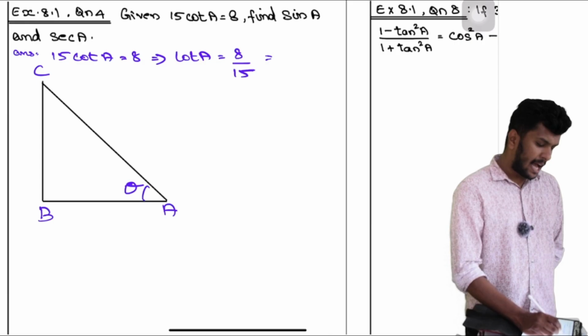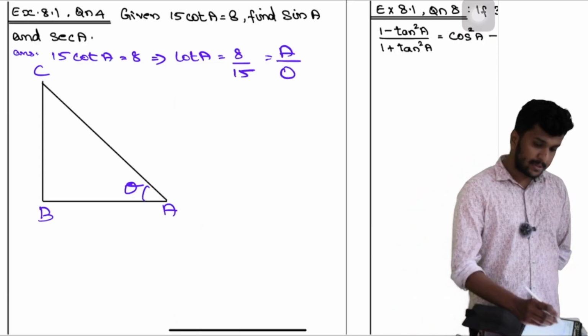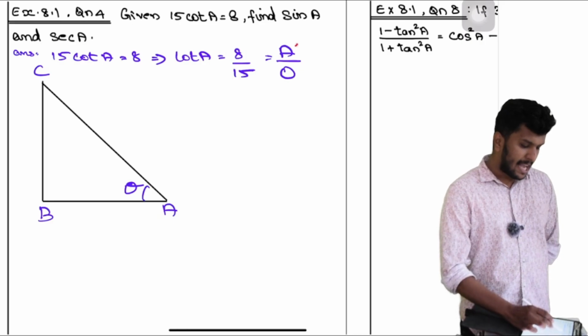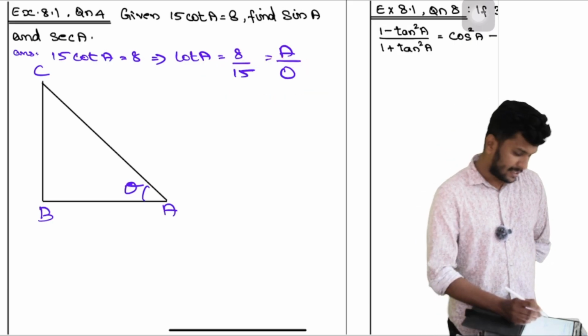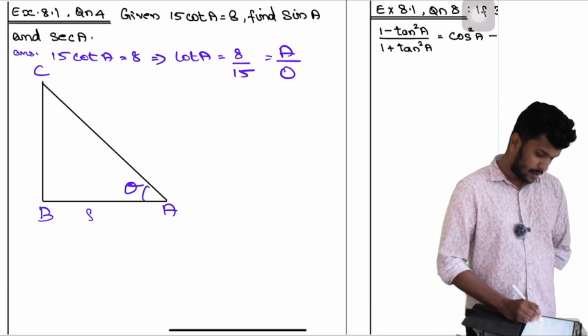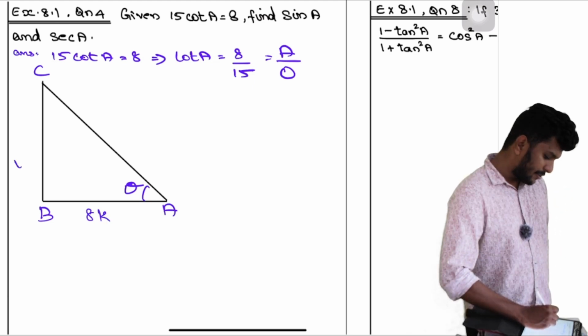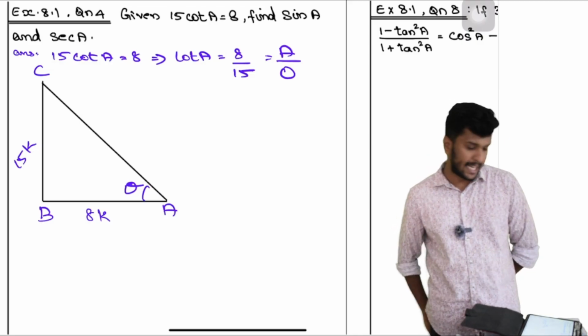So now what? Cot A means what? Adjacent by opposite, right? Cot A equal to adjacent by opposite. So when you do that way, adjacent of A you take 8, opposite of A you take 15. So this becomes 8k. This becomes 15k. Now what, my dear friends? You have to find the hypotenuse AC.